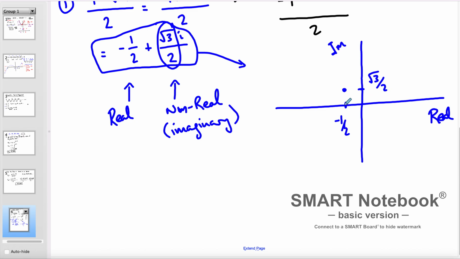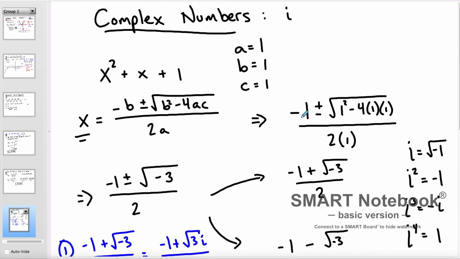But this idea of the imaginary number comes from factoring, right? It comes from when we try to factor and we're being asked to use the quadratic formula because there's no obvious technique that we've learned that's going to give us the answer to this polynomial.